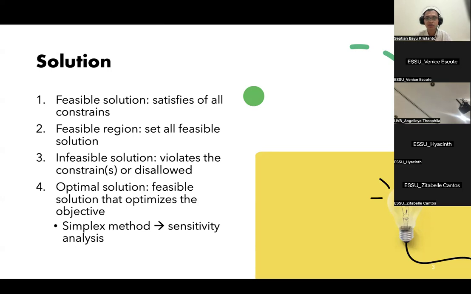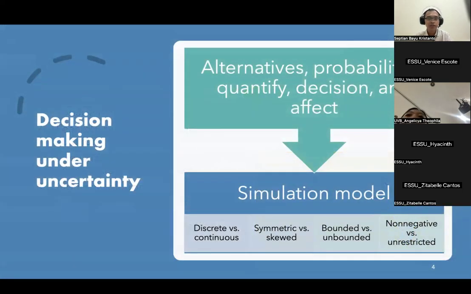To complete our solutions, we need to make decisions. We have data, and we have uncertain factors and uncertain conditions, but we still need to make some decisions. The decisions will fall into categories like alternatives.